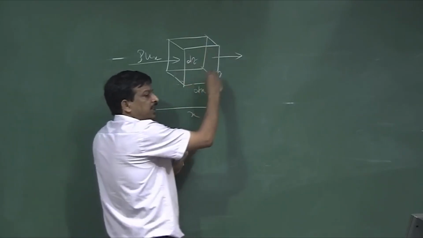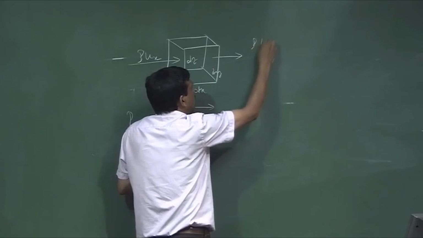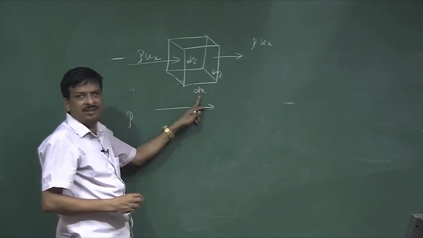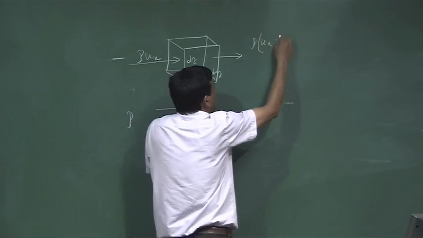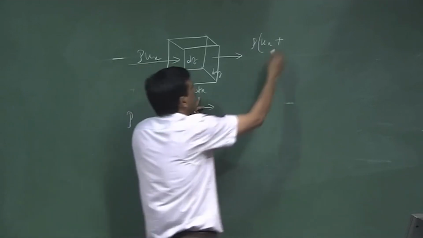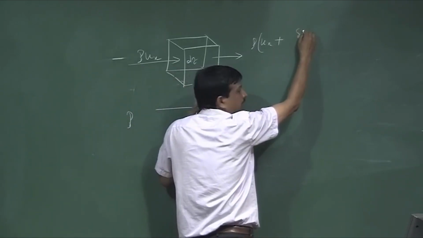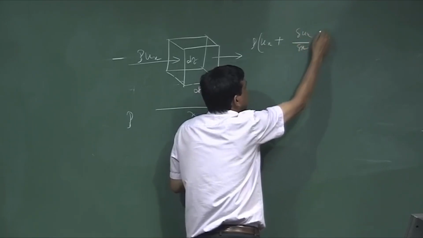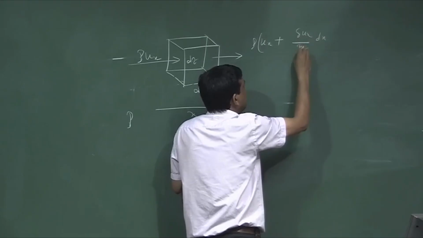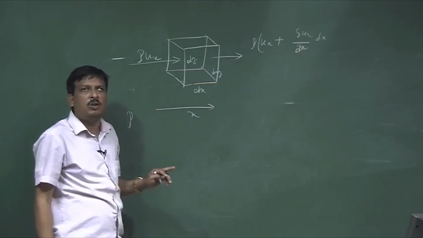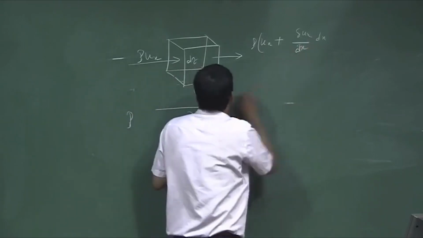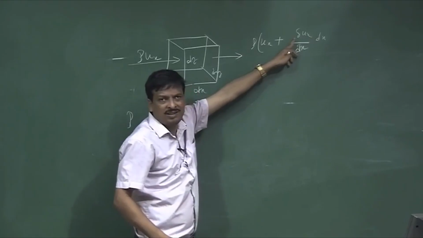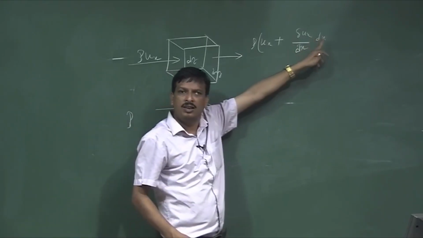So on that surface, the particle flux is rho ux, and the velocity is changed due to dx, that means rho into ux plus del ux by dx into dx. This way we write the change of velocity due to this dx position: del ux by del x into dx.